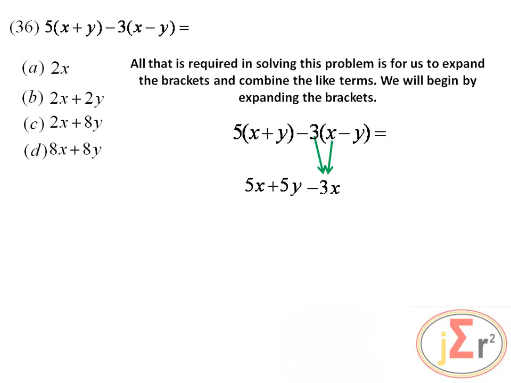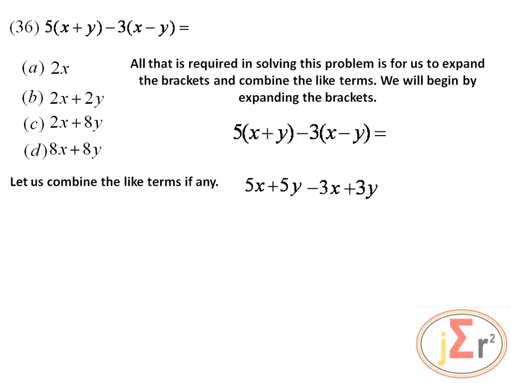And as soon as we have moved from this one, some candidates will say 3 times negative y. They put down a negative 3y. But we are going to remain cognizant of the fact that we are saying negative multiplied by negative, and that will give a positive 3y. No doubt.